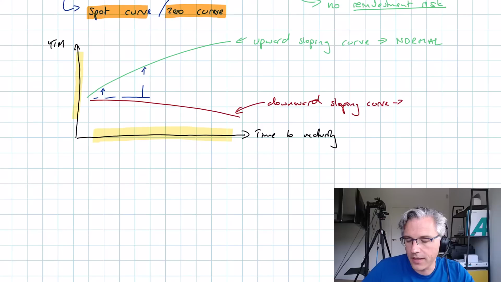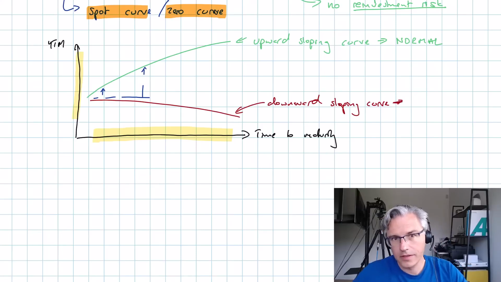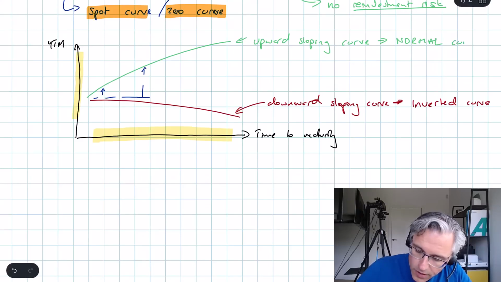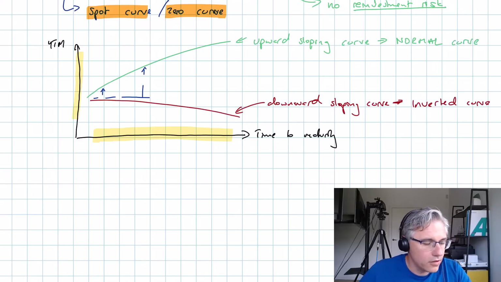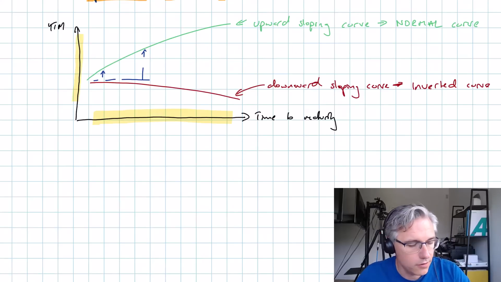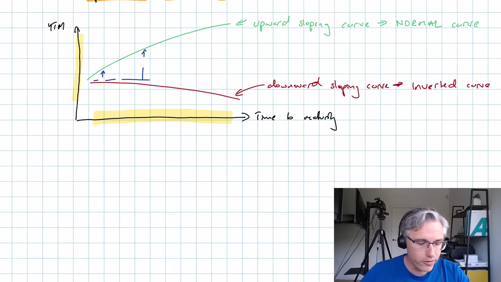However, that does happen. It's typically not a good signal, as we'll be discussing later on. We call such a curve an inverted curve. So the top one here was a normal curve, yield curve, or spot rate curve, or normal term structure of interest rates, and the other is inverted or downward sloping, versus upward sloping.